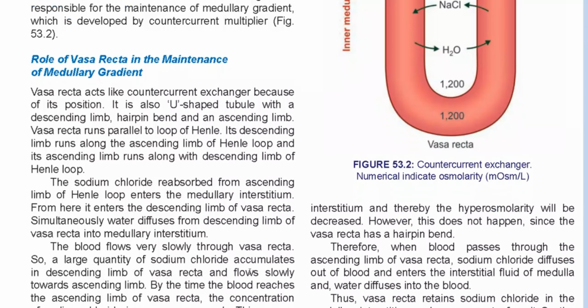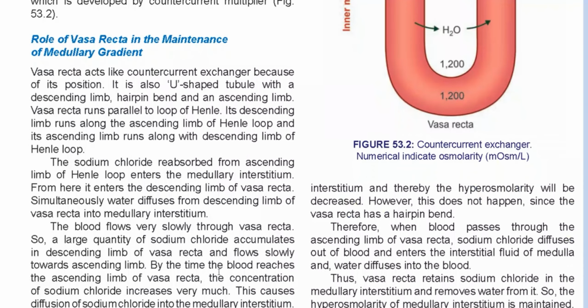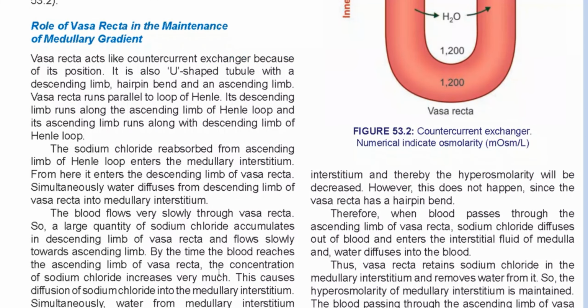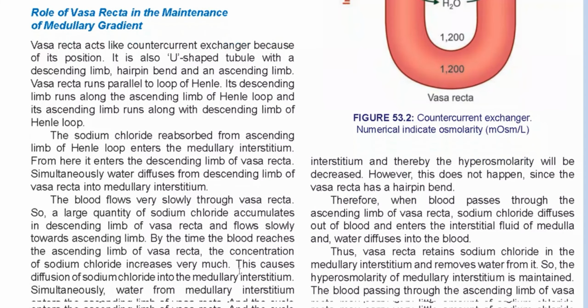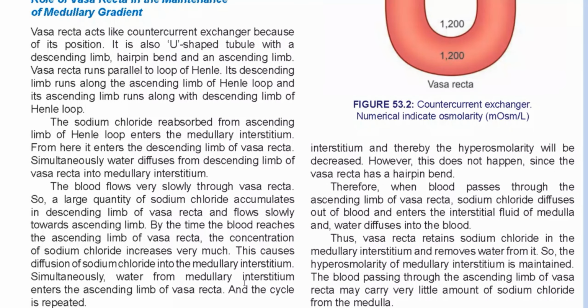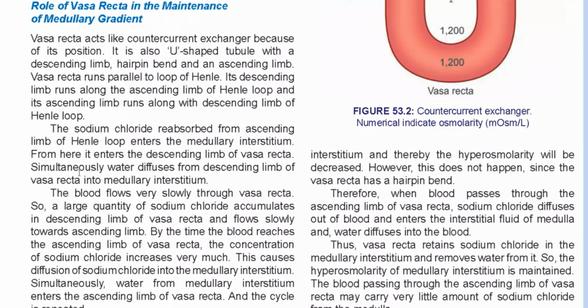By the time the blood reaches the ascending limb of the Vasa Recta, the concentration of sodium chloride has increased very much. This causes diffusion of sodium chloride into the medullary interstitium, and at the same time water from the medullary interstitium enters the ascending limb of the Vasa Recta, and this cycle is repeated. In this way, the counter-current Vasa Recta can maintain the medullary gradient.